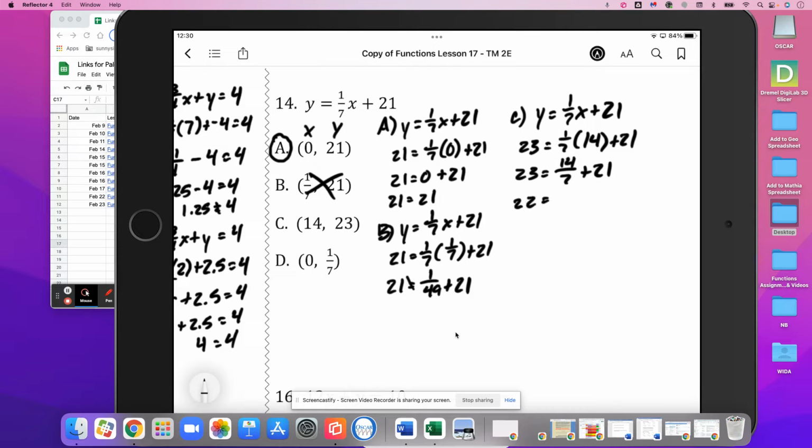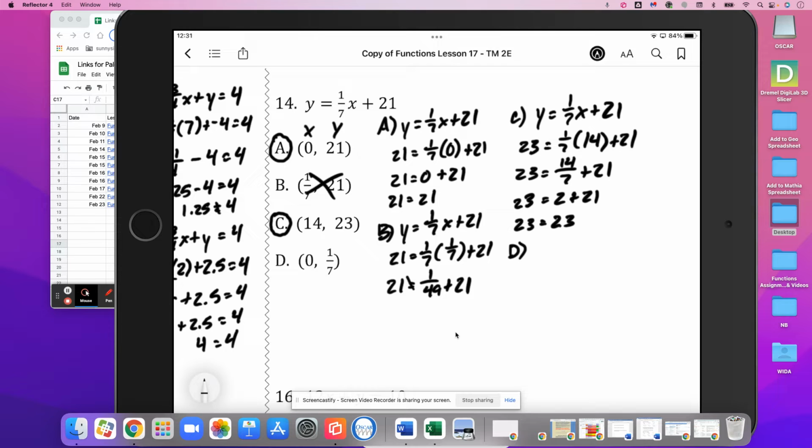So 23 is equal to 2 plus 21. Oops, and I made a mistake there. That should say 23 over here on the left, not 22. So 23 is equal to 23. And so yes, C satisfies the function.